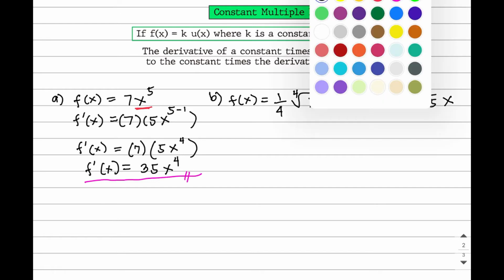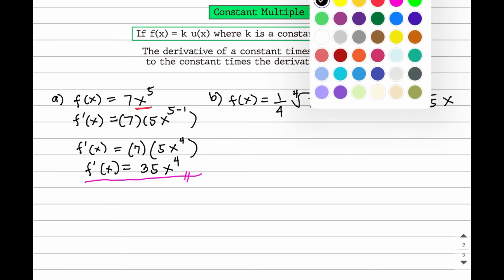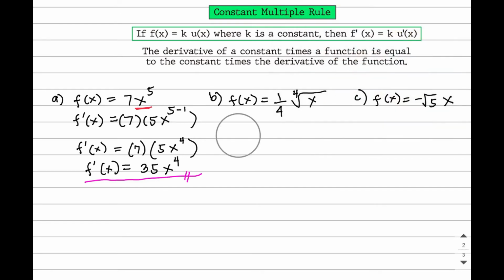So, this can be rewritten this way. Okay. F of x is equal to 1/4, and 4th root of x can be written as x raised to 1/4. Okay. We need to get the derivative of the function with respect to x. Kunin na natin ang derivative.